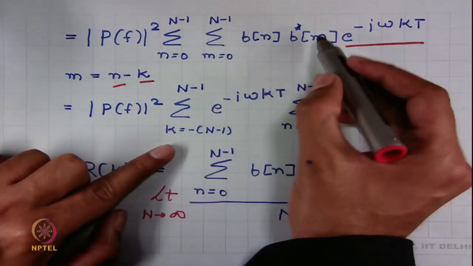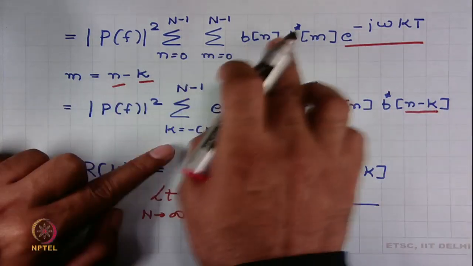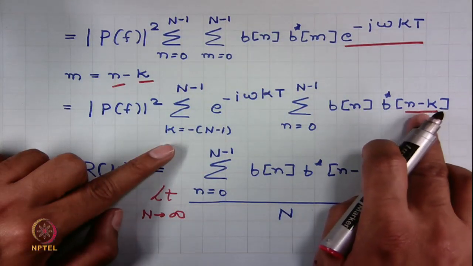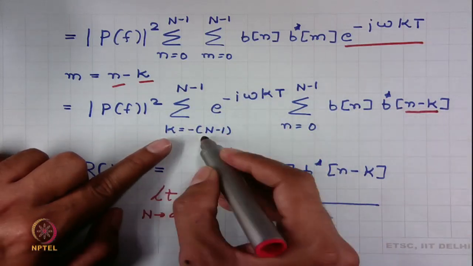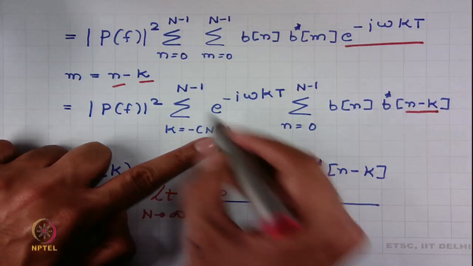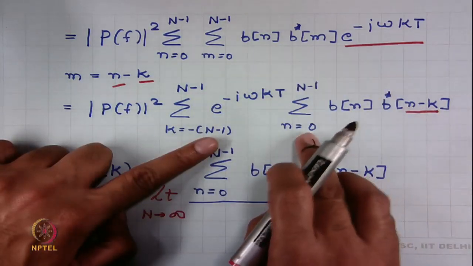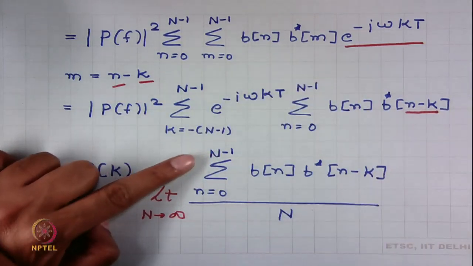Okay. As you can see, m is replaced by n minus k. So, in this expression there was m here, we have replaced it with n minus k, and so I have one summation with respect to k that goes from minus n minus 1 to plus n minus 1, and I have another summation with respect to n, which as before goes from 0 to n minus 1.